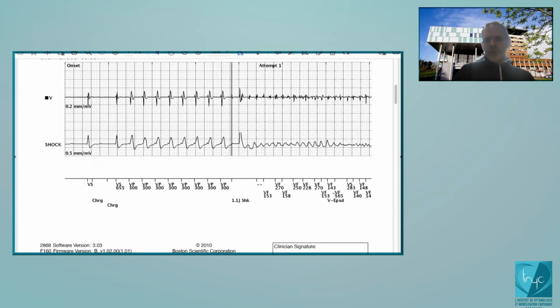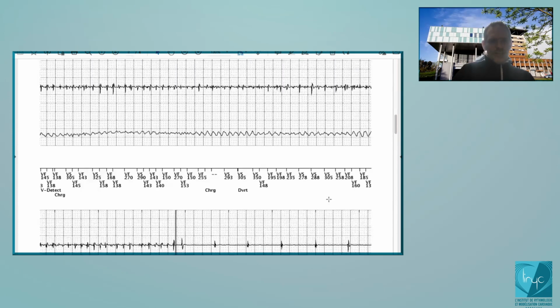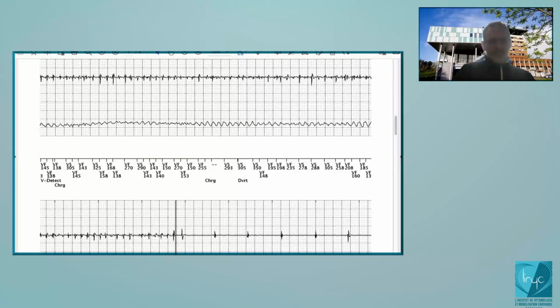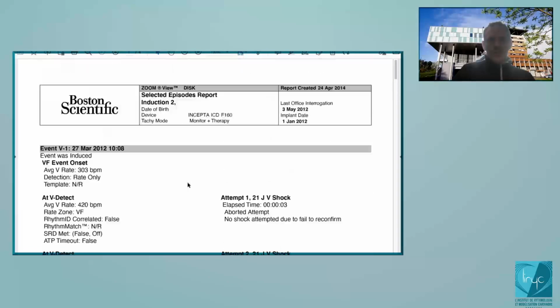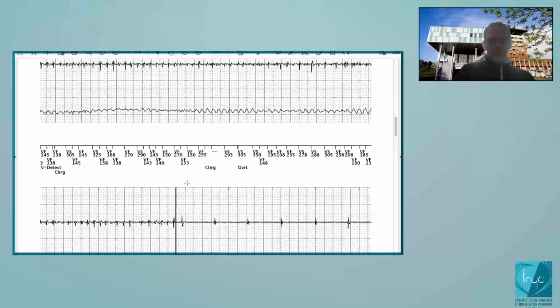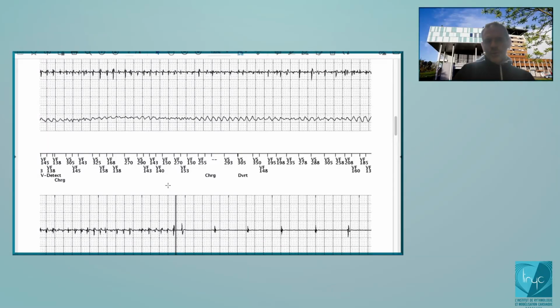At this time, we were programming very short duration, so it's going to be 1 second, V detect after 1 second. You will charge the capacitors, and it's, I don't know, 21 joules, if I remember. Yes, 21. So the duration of the charge is, of course, shorter if you deliver 21 joules compared to 41 joules. So quite a short charge time.